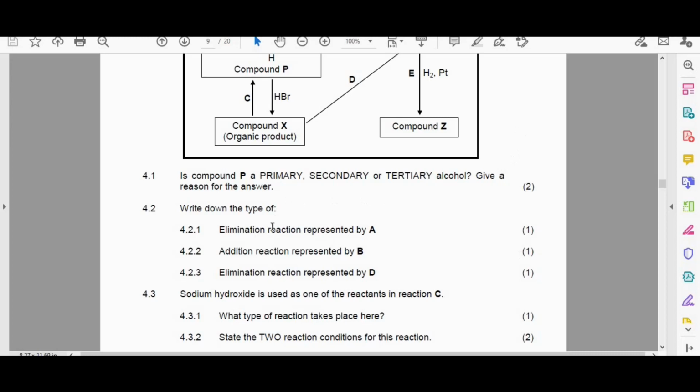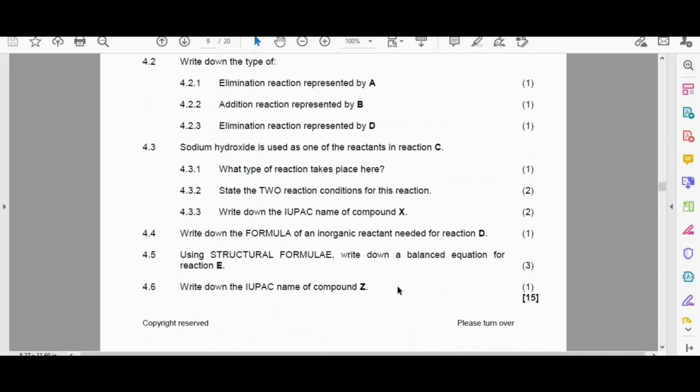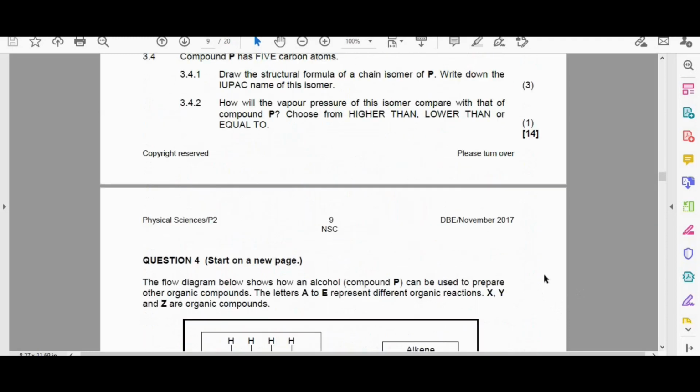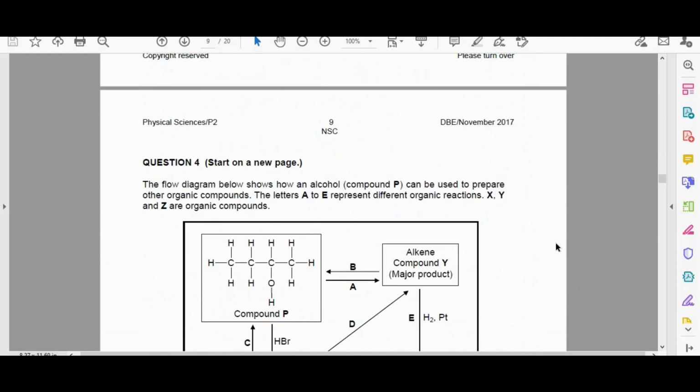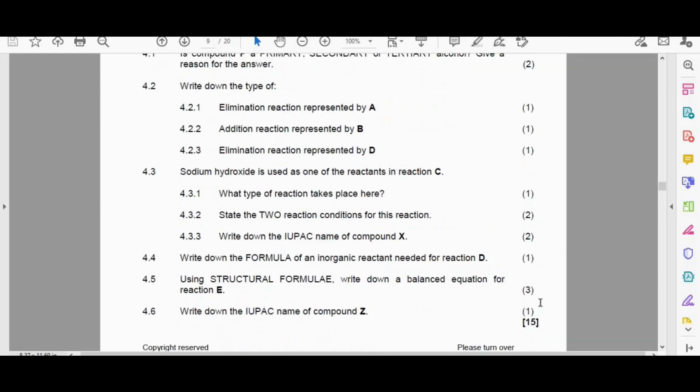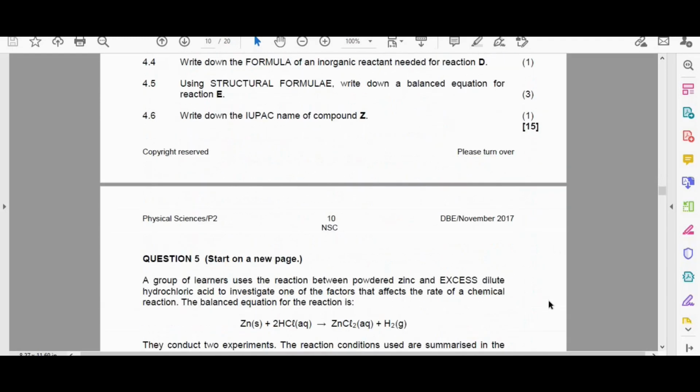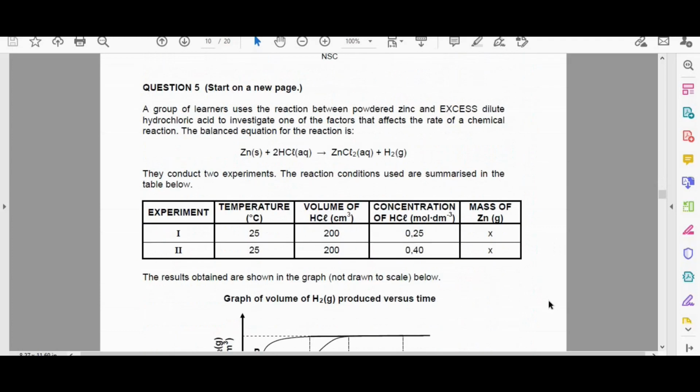Here they ask you to write down the type. You would know that if you studied. And they usually form around 15, 14, and 13, so they definitely range between I would say 10 and 15 marks per question.